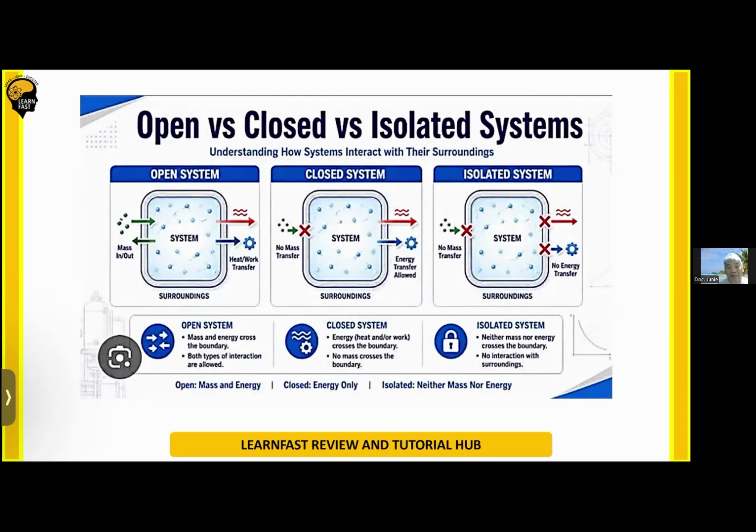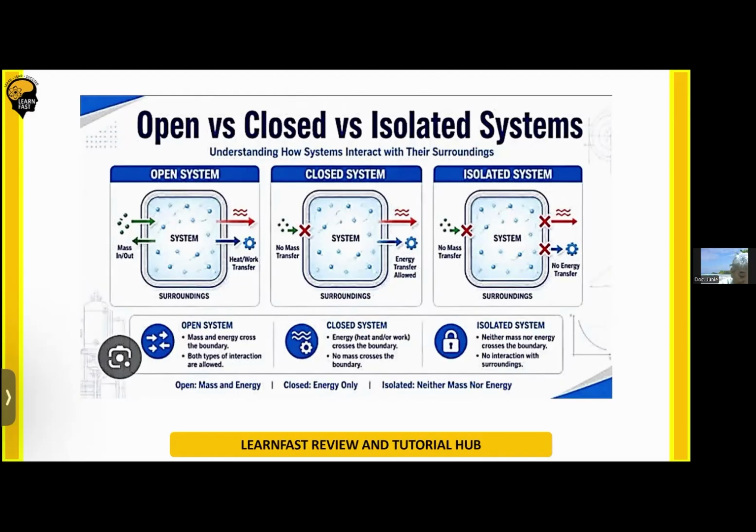So, balikan natin yung mga kahulugan ng terms like open system, closed system, isolated system. Pag sinabi open system, mass can get in and mass can be moved out. Heat can go in, and work can be transferred.